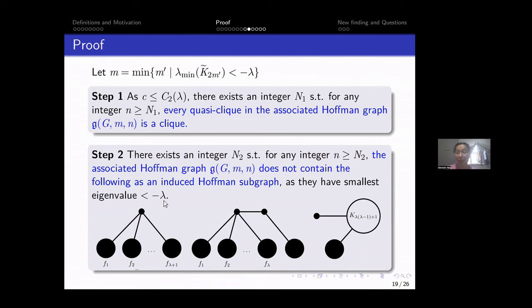This is the easy part. Before going to the next step, let's say what these three Hoffman graphs are. The first Hoffman graph is a slim vertex adjacent to lambda plus 1 fat vertices. This is the first one.